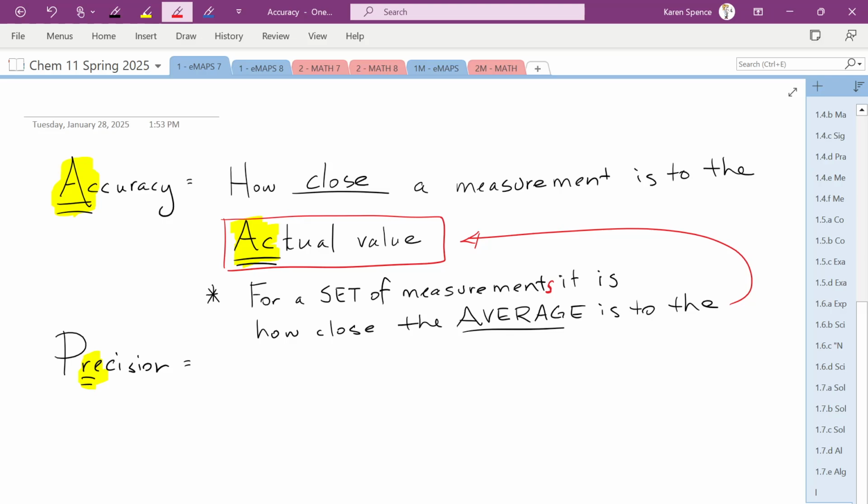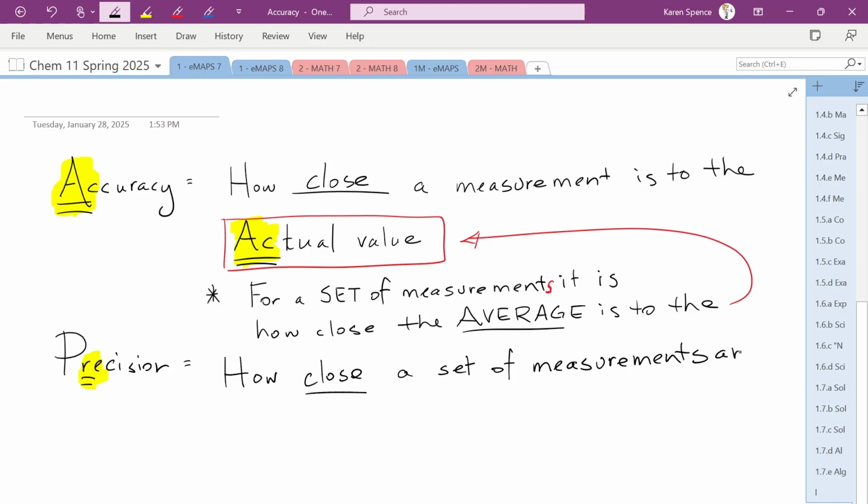We could start again with how. Close. A set of measurements are to each other.